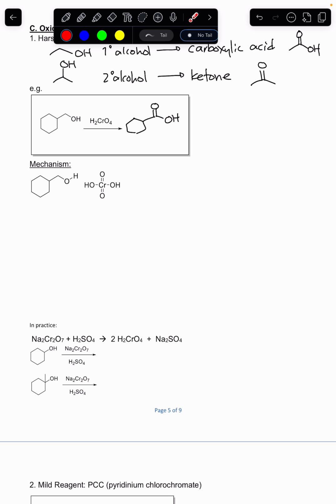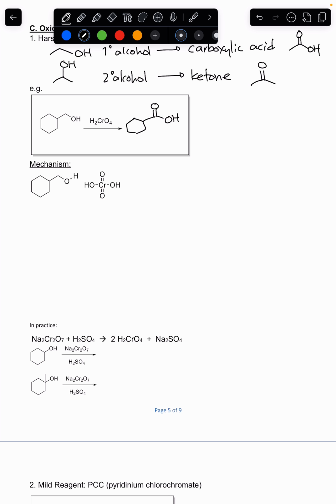And so on the exam, I might ask a mechanism for a reaction like this, which will be after both chapter 8 and 9 will be covered. So I want you to be able to write the complete mechanism for reactions like this. I hope that makes sense.